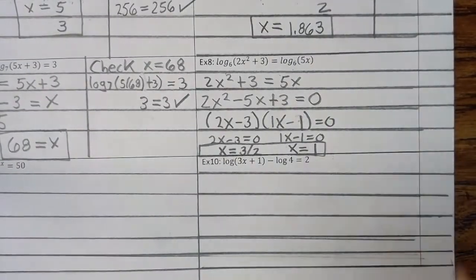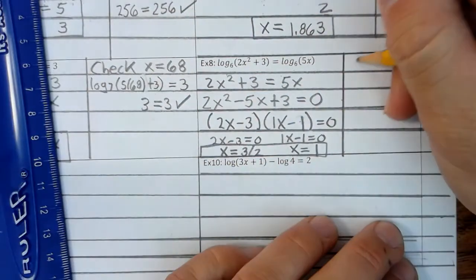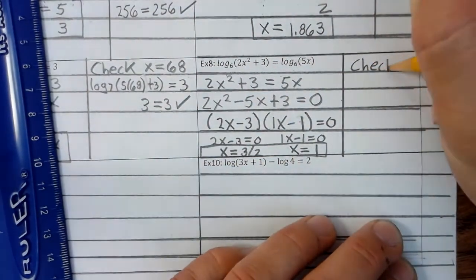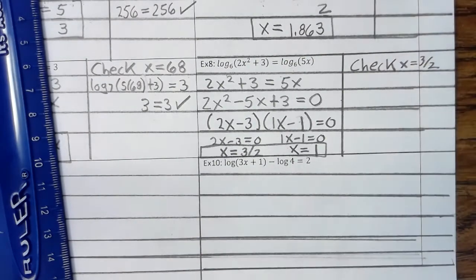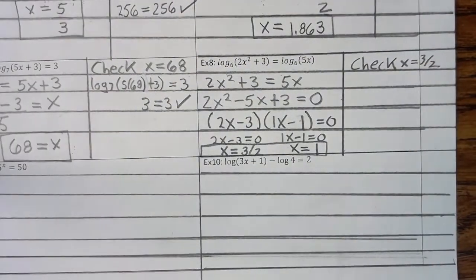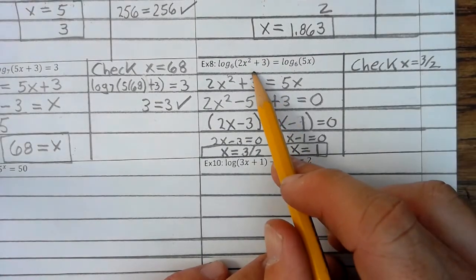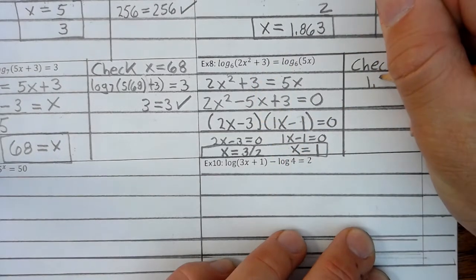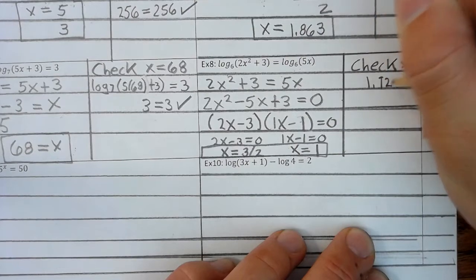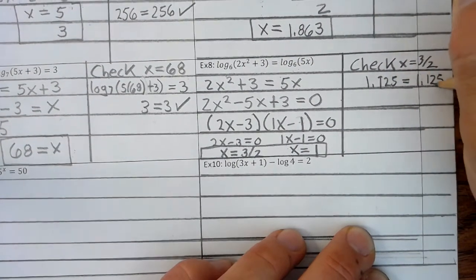All right, so we're going to check. Let's check x equals 3 divided by 2 first. When you substitute 3 divided by 2 into the left side and the right side, you get 1.125 equal to 1.125.